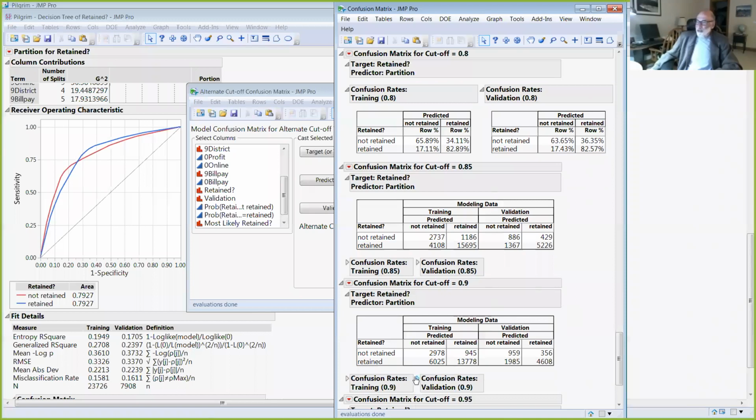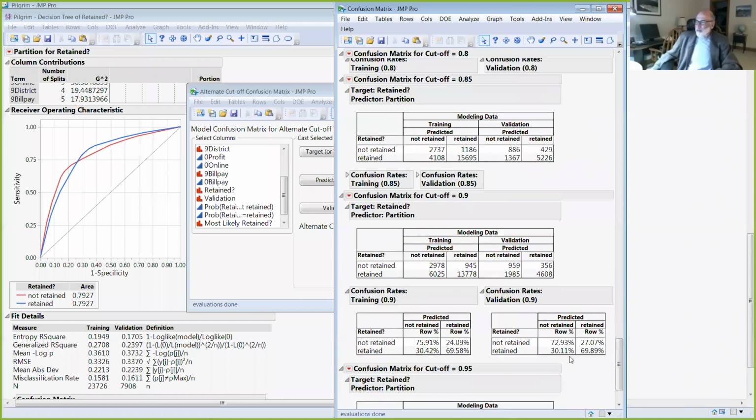I mean, if we want to go to 90%, now 27% of the lost customers we predicted we would have retained. So 73% we're accurately predicting wouldn't be retained. And we're actually predicting about 70% of the people who are retained.